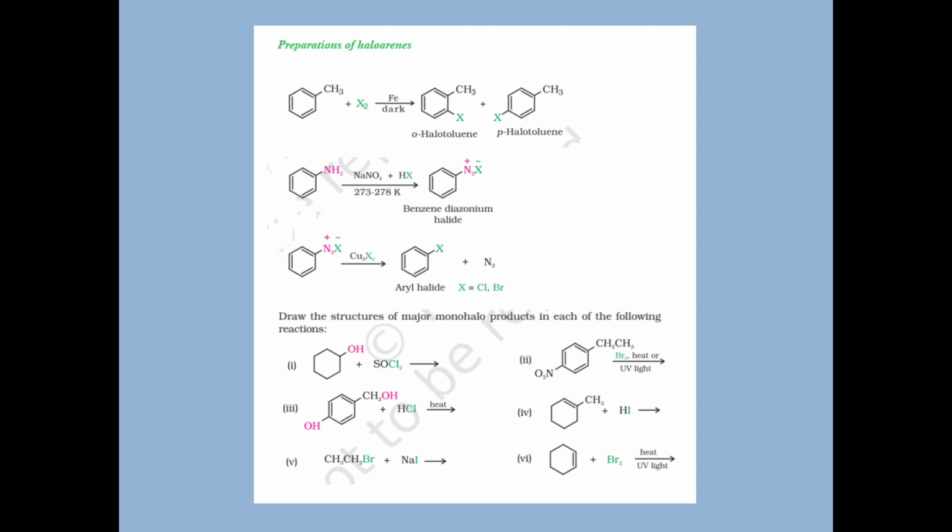Now there are some problems. Draw the structure of the major monohalo product for the following. The first one is a cyclic alcohol with SOCl2, which will give the chloro product. Then here Br2 with heat or UV light will produce the monohaloalkane.